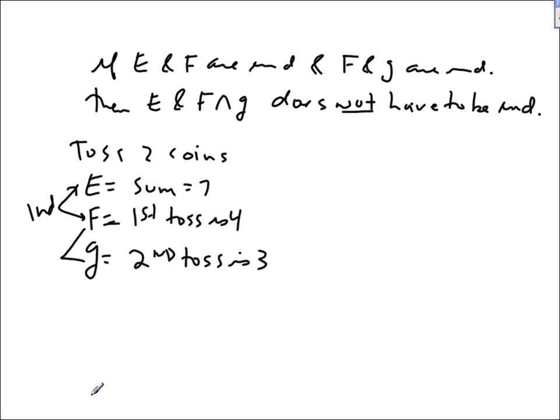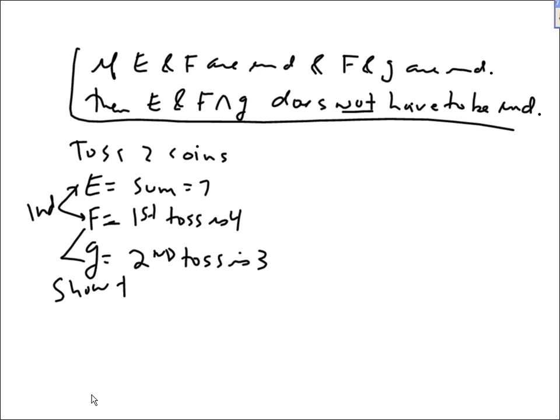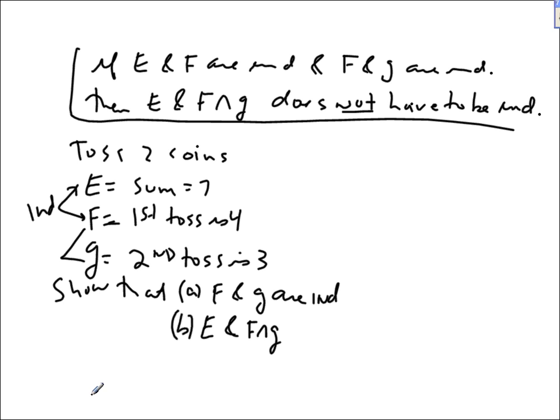And I claim that F and G are independent. Now, just for the record, first of all, this has nothing to do with the problem. Okay, so 2 things. Show A, that F and G are independent, and B, that E and F intersect G, that's one set, are independent.